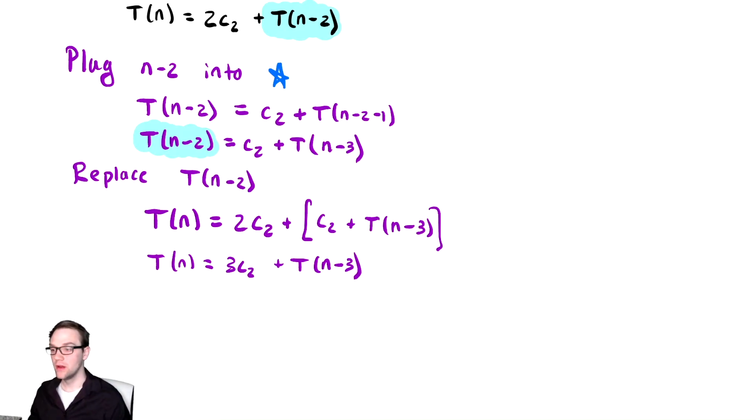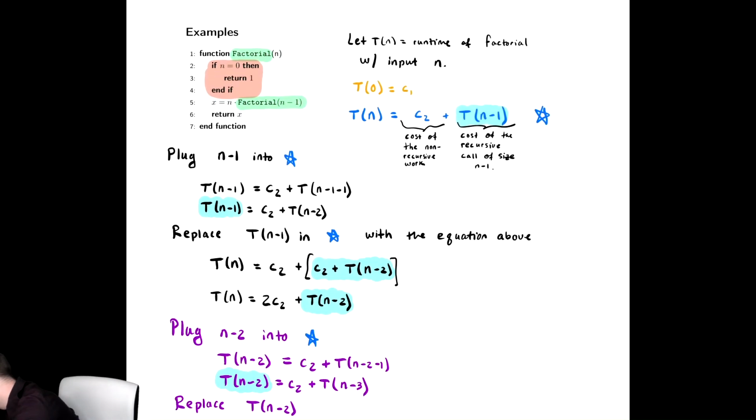And now we have another way of writing t of n, which still isn't necessarily helpful. I have this problem where I have t's on both sides, and I can't solve for it. It's not like I have t of n and can just do some algebra and collect together constants. There are different things plugged into them. But we know one other fact that's yet to be relevant. At the very start of this problem, if you remember, we identified a base case to the recurrence.